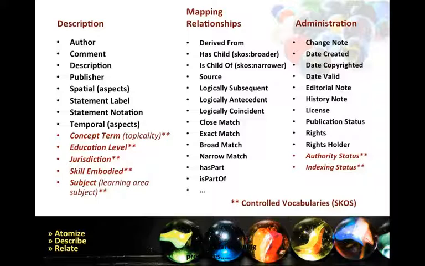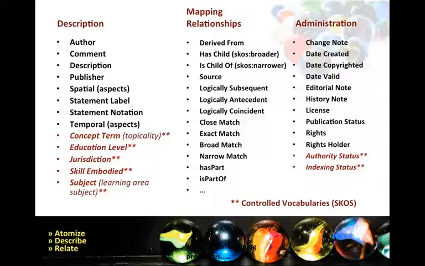And then in the middle, we have a list of what are called mapping predicates, or relationships. These are those things that connect one node to another, one achievement standard to another.